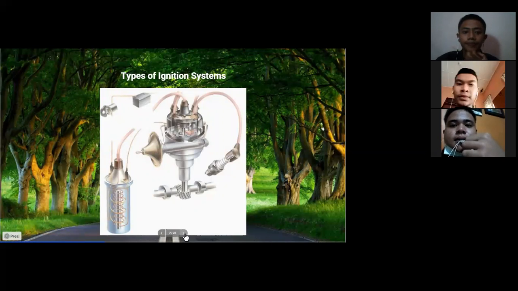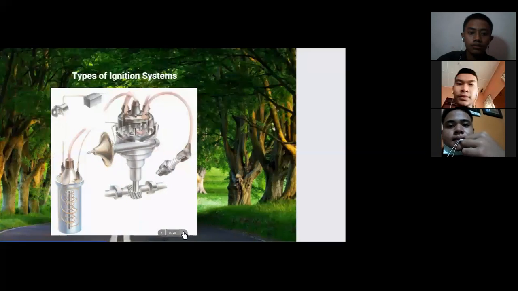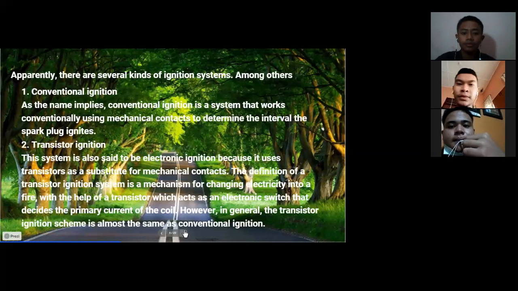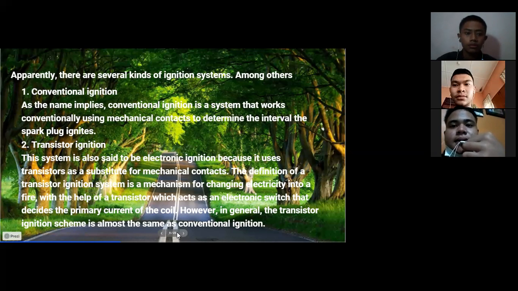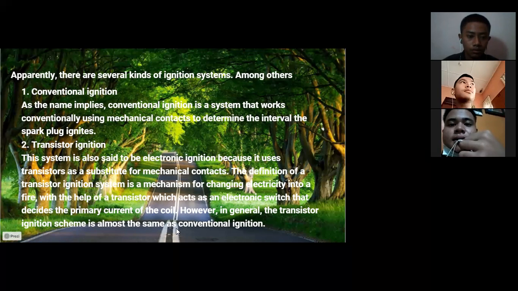This is a picture of types of ignition system. Apparently, there are several kinds of ignition system. One, conventional ignition. As the name implies, conventional ignition is a system that works conventionally, using mechanical contacts to determine the interval at which the spark plug ignites.